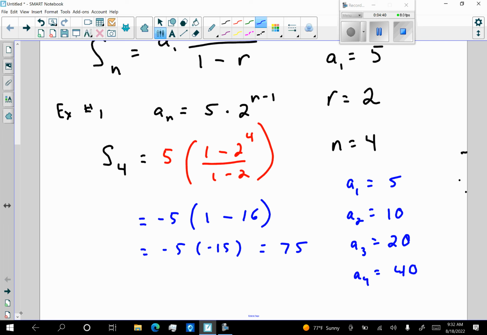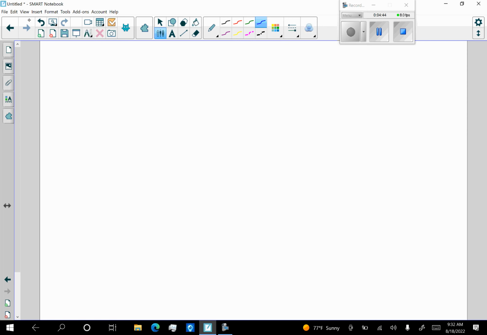So let's do another example here. I'm going to go to another page. And again, I'm going to find a partial sum.